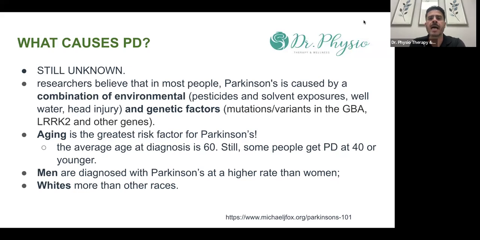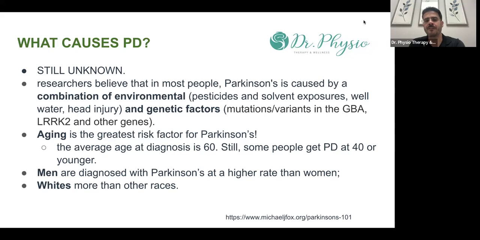Okay. For the environment, we know pesticides, insecticides, those things that are used to kill the bugs and stuff, have a pretty heavy correlation with Parkinson's disease. Manganese exposure and other solvents are also very solidly correlated with Parkinson's disease. Okay.